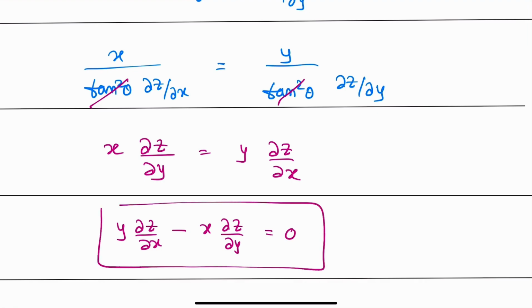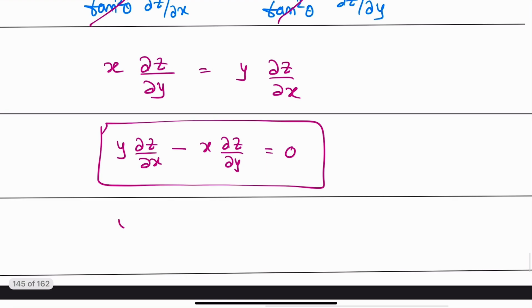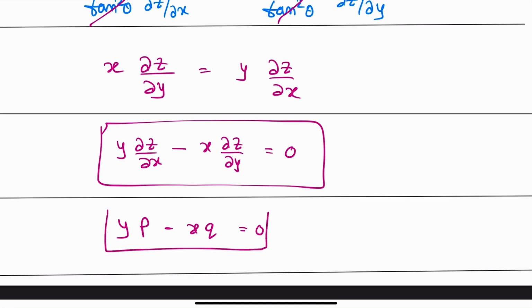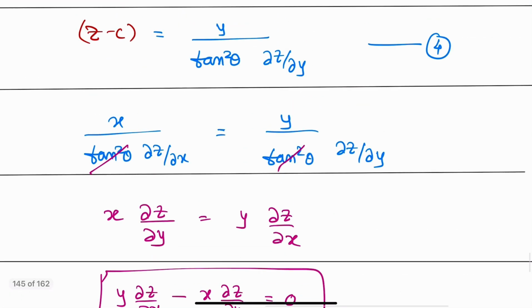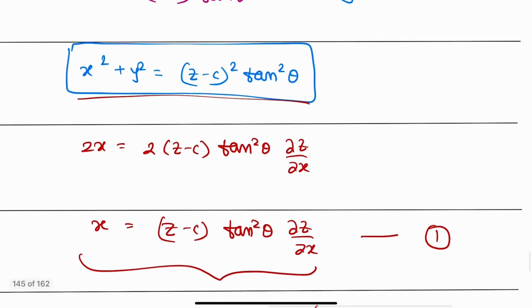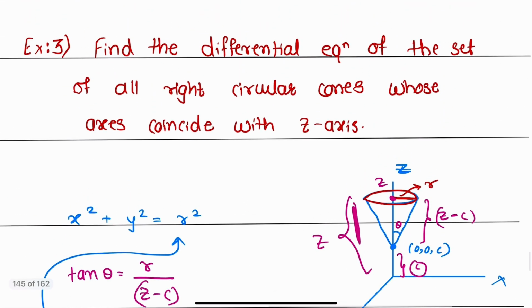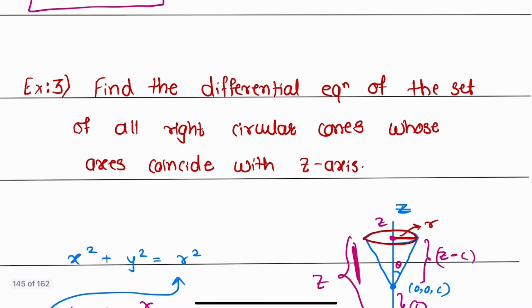This is the required differential equation, which can also be written as yp minus xq equals 0. Okay, so yp minus xq equals 0 is the differential equation of a right circular cone whose axis coincides with the z axis. Okay, let's see you in the next video.